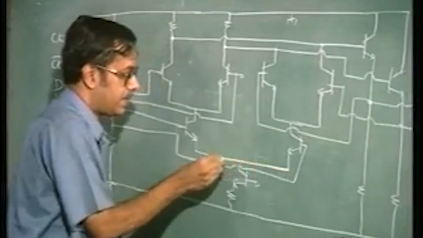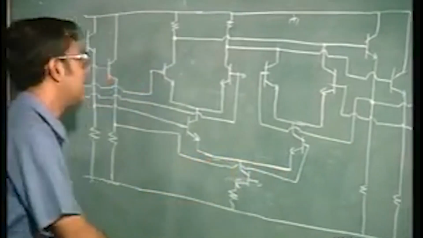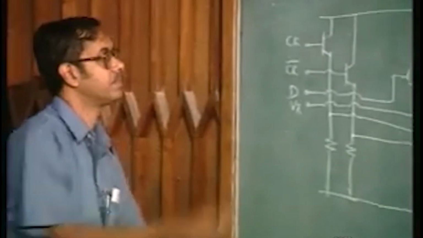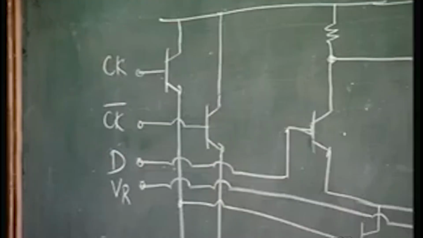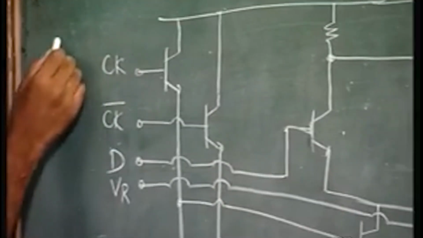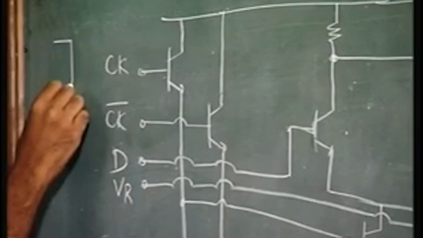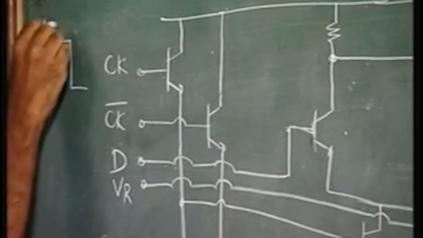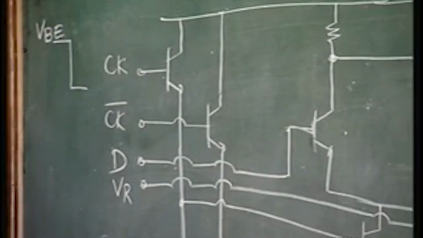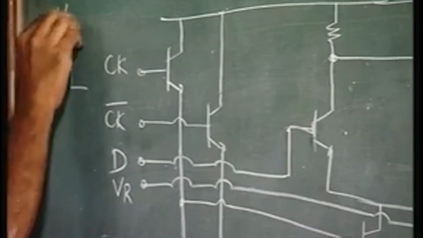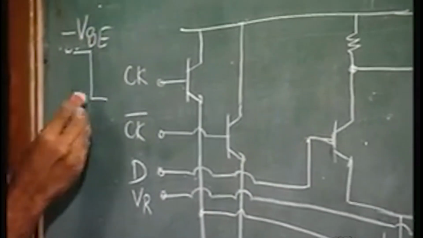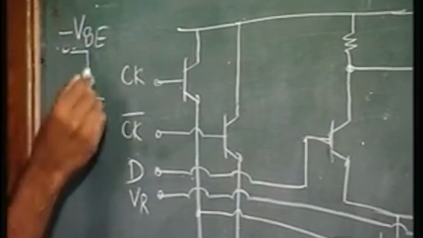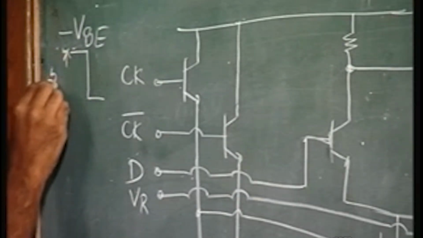So, in this standard circuit, the input voltage variation of, say, clock or any of the inputs varies from minus VBE, that is the high value here, and say suppose the voltage swing is, say, 500 millivolts.